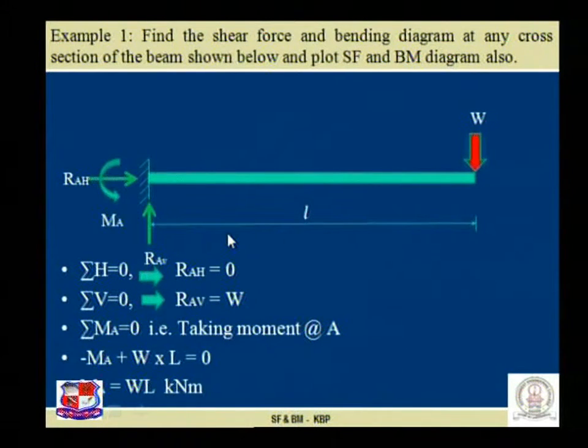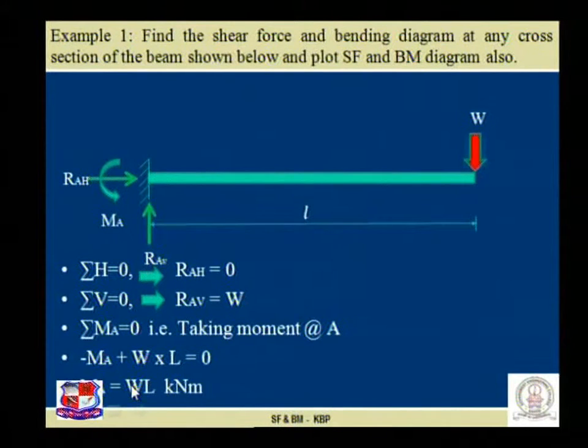And the third equation, sigma M is equal to 0, that is, taking moments here and equating to 0. We have assumed the sign convention of moment MA to be anti-clockwise, so minus MA plus W into L is equal to 0, and so MA is equal to W into L, in kilonewton meter, which is the unit of moment.